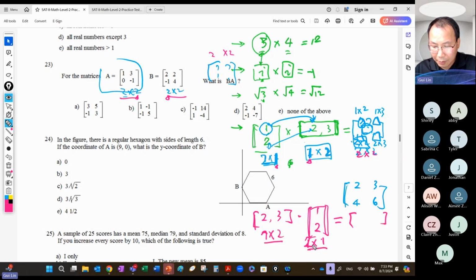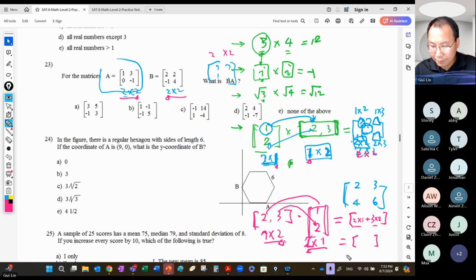The inner 2 disappears and it becomes only 1 by 1. So 1 by 1 is a number. Where does it come from? It is the first one times the first, plus the second times the second, so it actually becomes 8. It's just one number here.